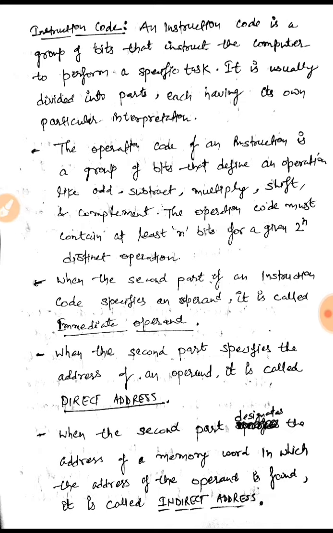If we are getting the direct data into the operand, then it would be the immediate operand. If we are getting the address of the data, then it will be direct address. It can be the address of a register or in the memory. Or if the operand designates some other address, sending us to some other address in the memory to fetch the data, then it will be the indirect address.